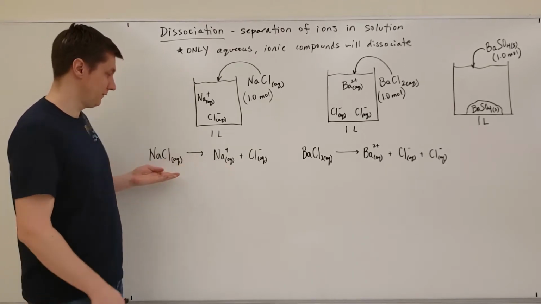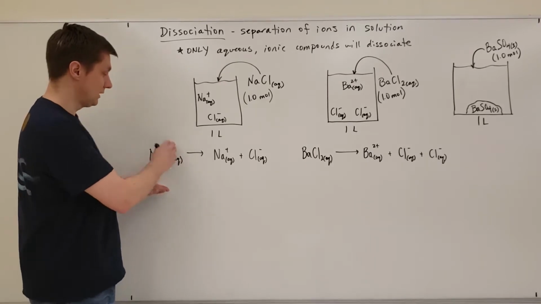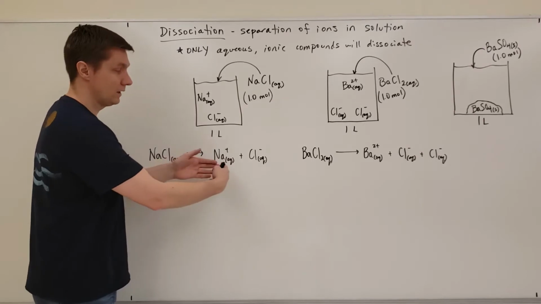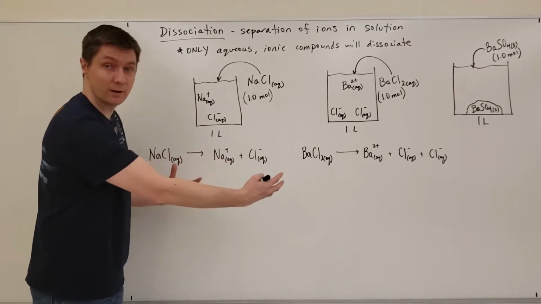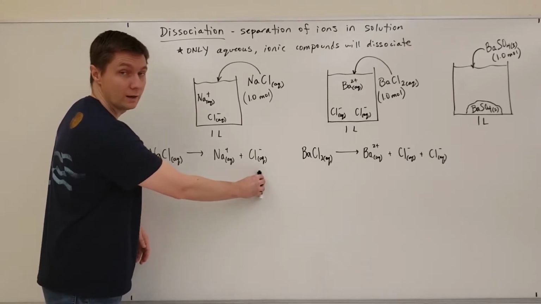If I put it into water, it's going to dissociate. And so I take this substance, I write it as an aqueous compound, and then an arrow, and then I just write it again, but it's separated now into its ions, so I just have sodium ions and chloride ions.